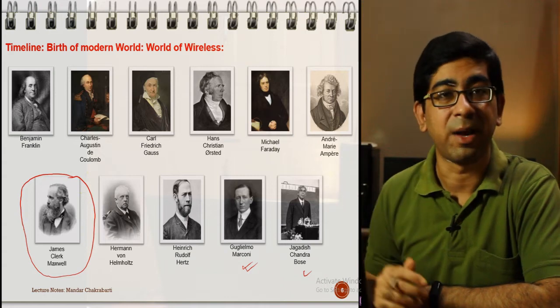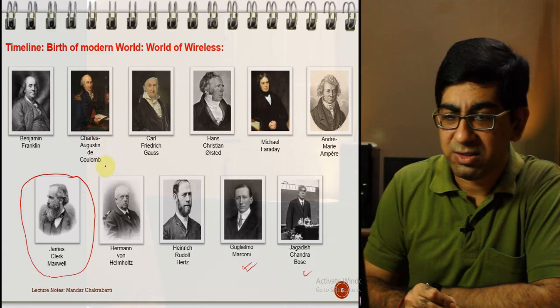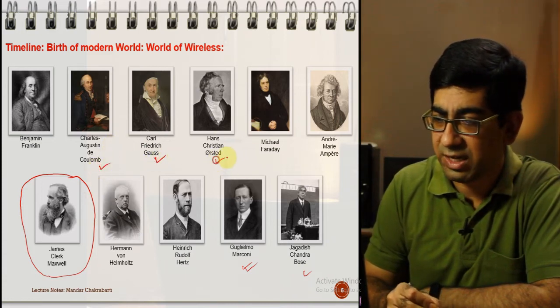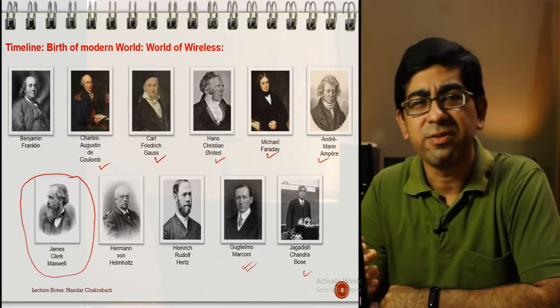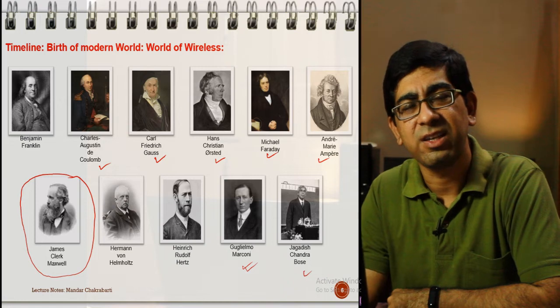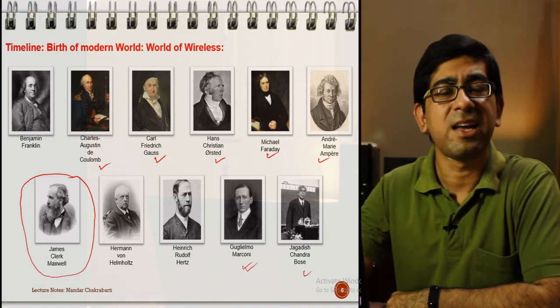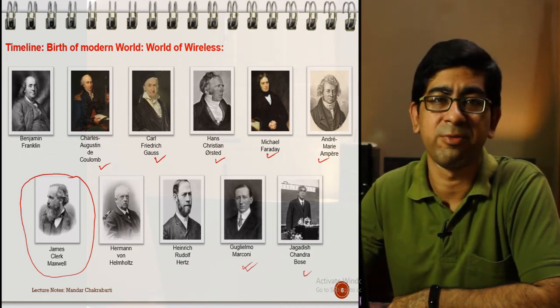James Clerk Maxwell. You see, basically, the hypotheses which were formulated by Coulomb, Gauss, Ørsted, Faraday, Ampere all pertain to different distinct fields in the area of electromagnetic theory, and at the time of their conception they were not thought to interconnect with each other.